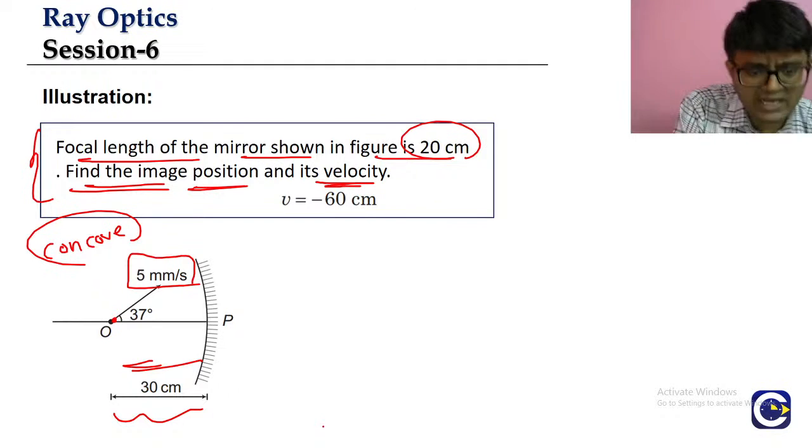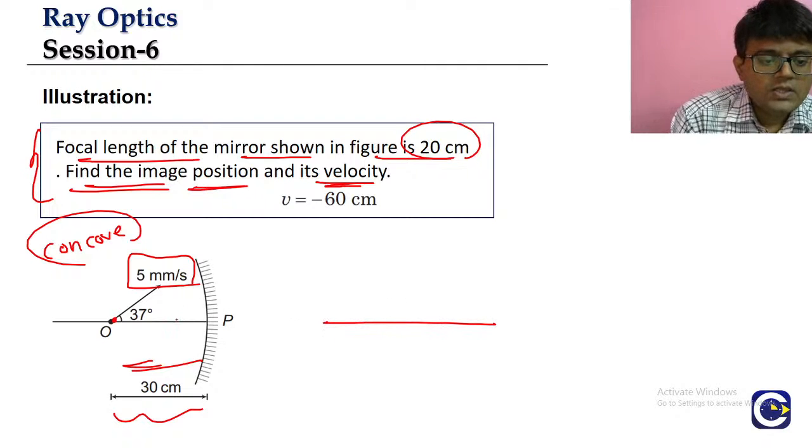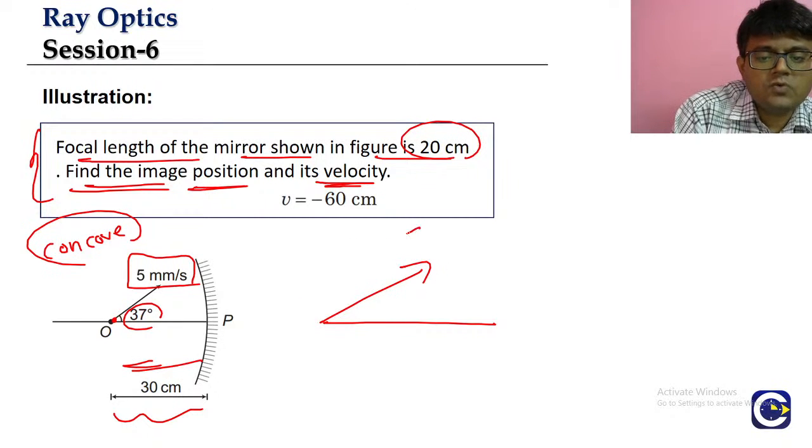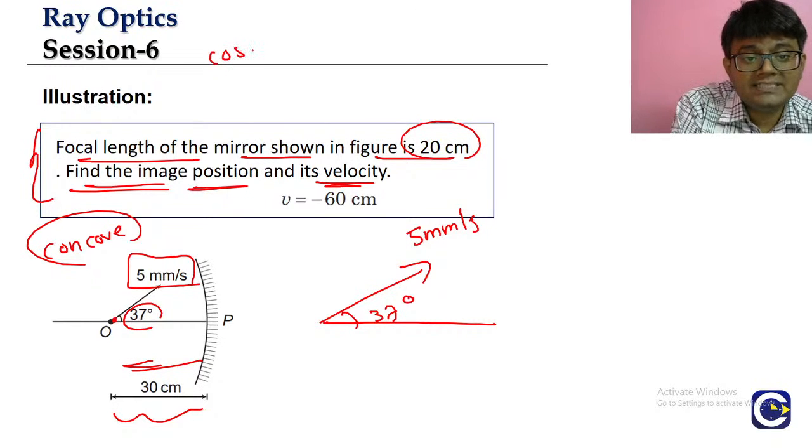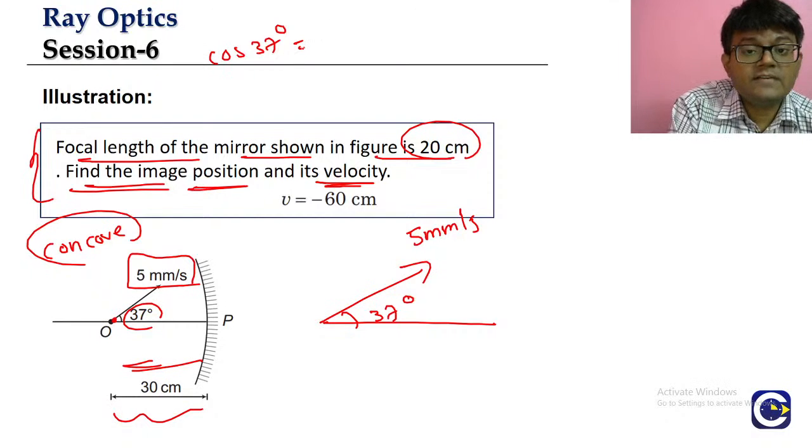I'm waiting for your answers guys. Once you get it, you can confirm. Look at this now. The object velocity is 5 millimeter per second, making an angle of 37 degrees. Remember the common trigonometric values. 37 and 53 are common angles.